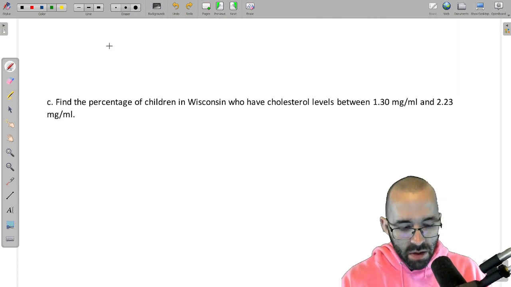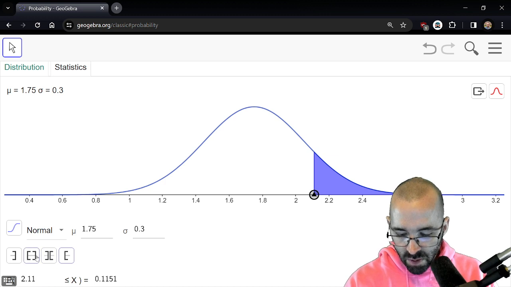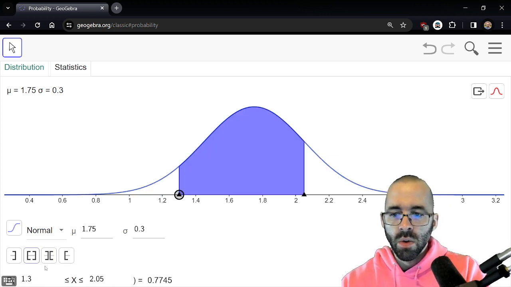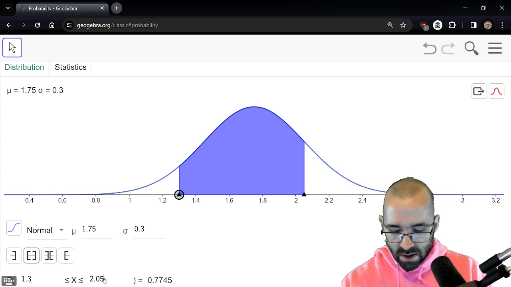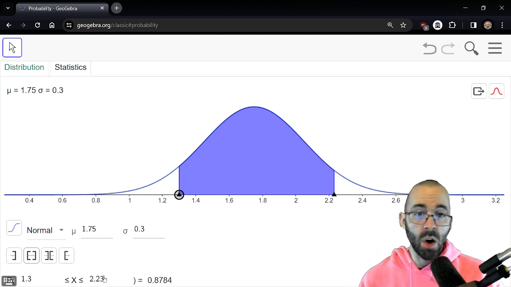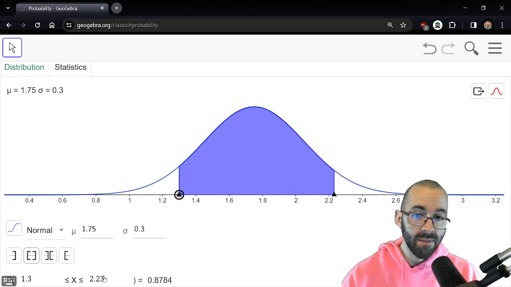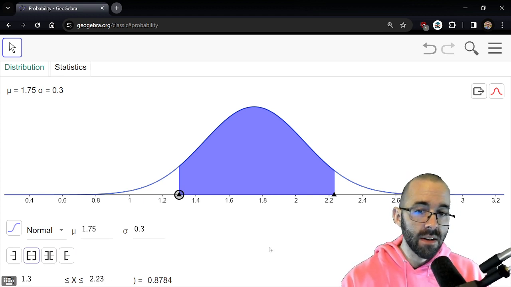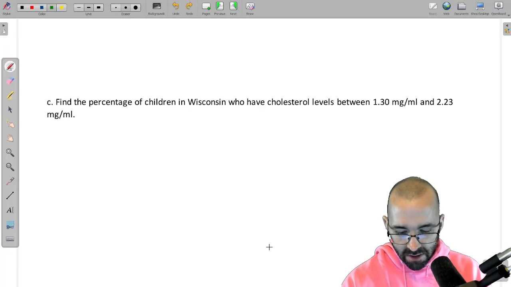So between 1.3 and 2.23, we use the between button. 1.3, 2.23. Oh, wow, it's even more than I thought. 87.84. Definitely looks believable, though.